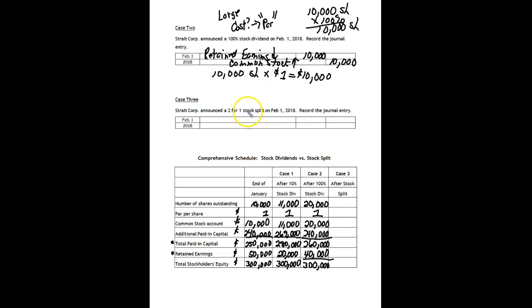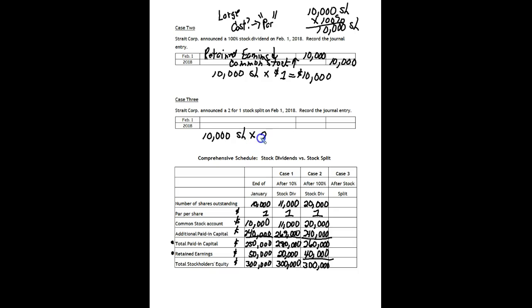The last thing is to split the stock 2 for 1. So kind of in essence what we do is we call in the 10,000 shares. It's as if we pull these 10,000 shares in and we will split it. So what was 1 will now become 2.